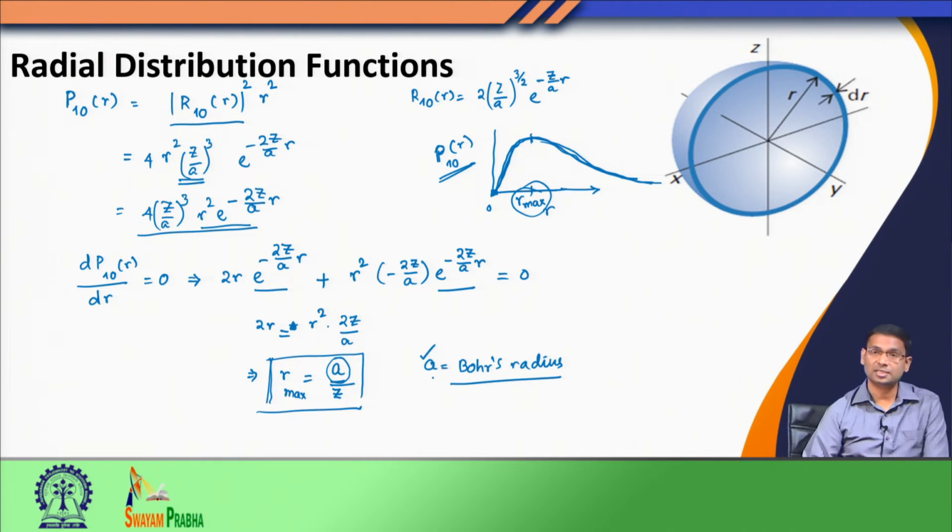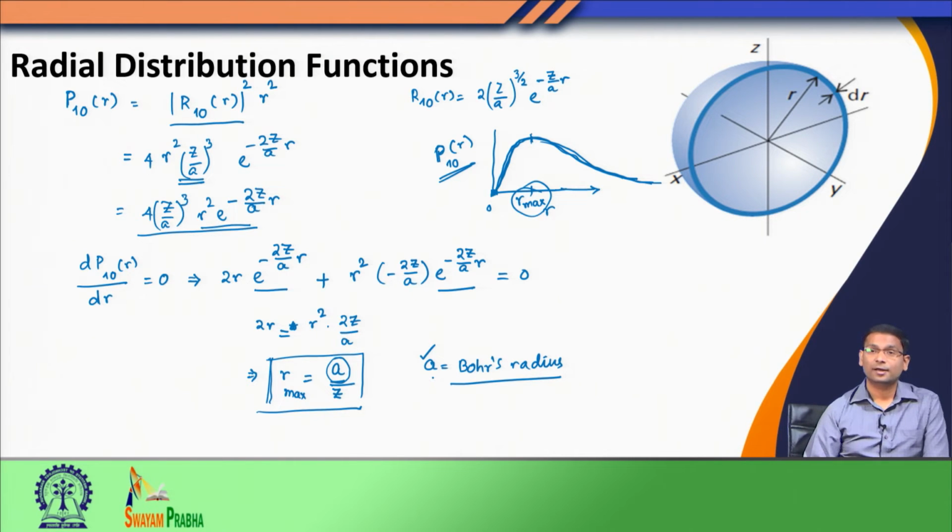That means when the distance between the electron and nucleus is 1 Bohr, or 0.529 angstrom, that is the place where you see maximum probability for the electron to be found.